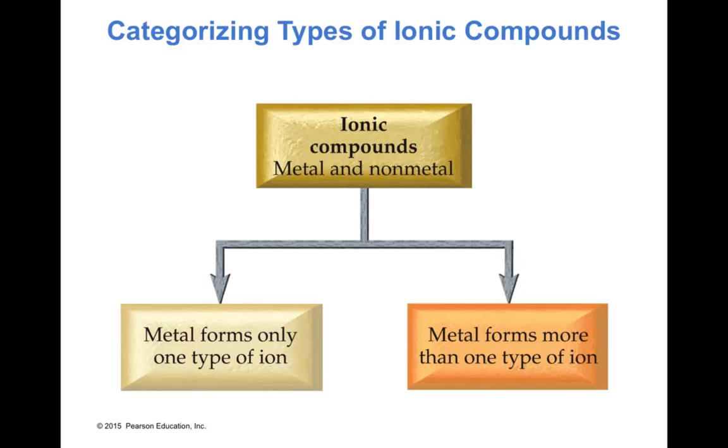We can have a metal that can produce two different cations, one with a specific charge and the other with another, for example +2 and +1 from the same element. So we can have two different types of ionic compounds, one from metals that form only one type of ion, and another from metals that could form more than one type of ion.